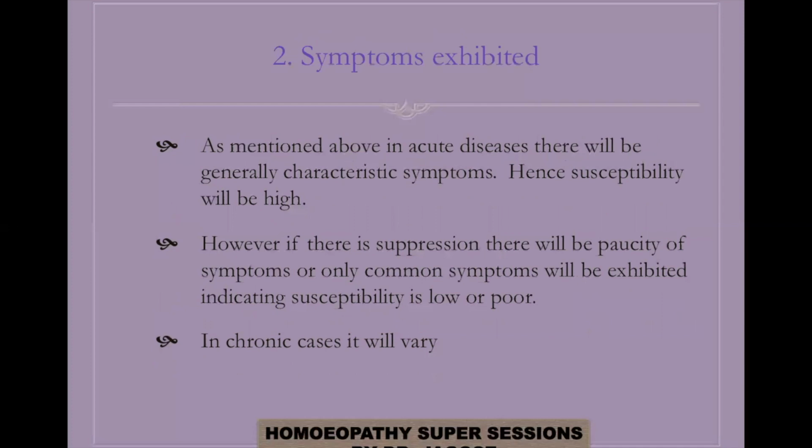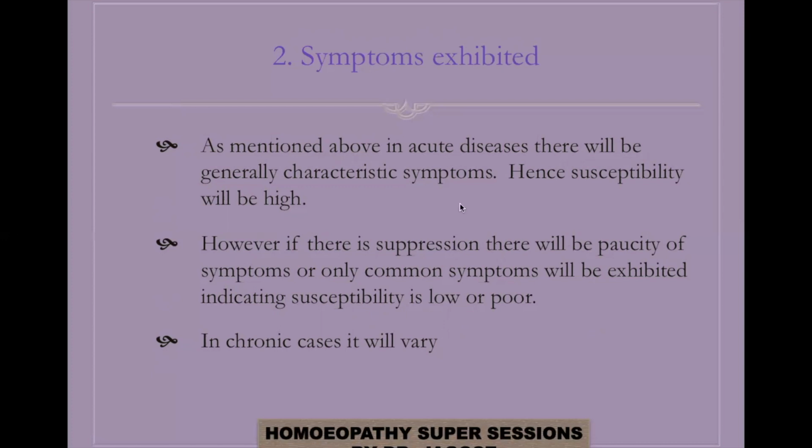Now, second point, symptom exhibited. As I told you, in acute diseases there will generally be characteristic symptoms, hence the susceptibility will be high. However, if there is suppression, there will be paucity of symptoms, or only common symptoms will be exhibited, indicating susceptibility is low or poor.